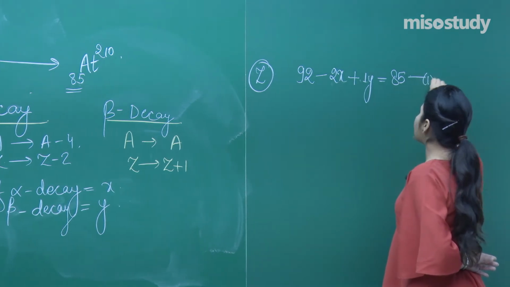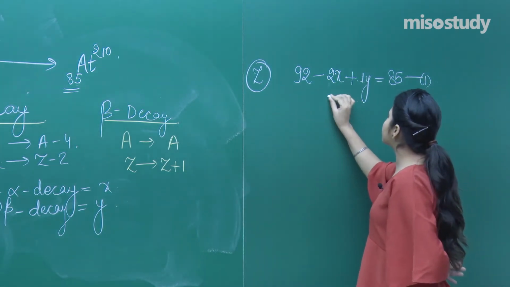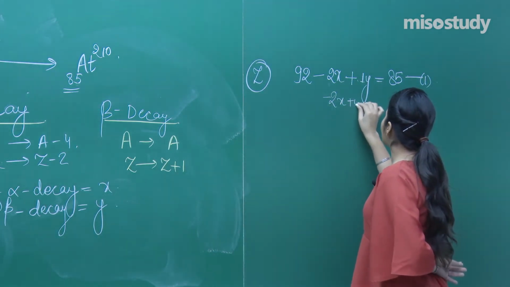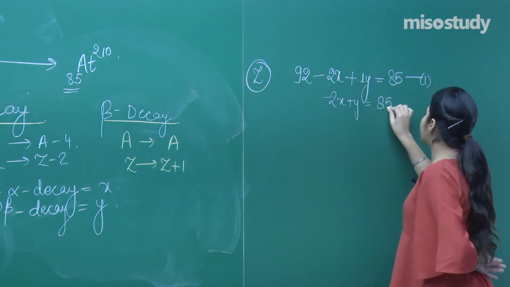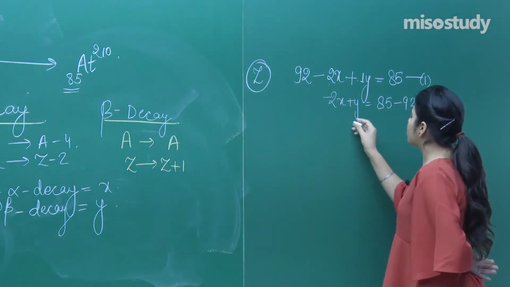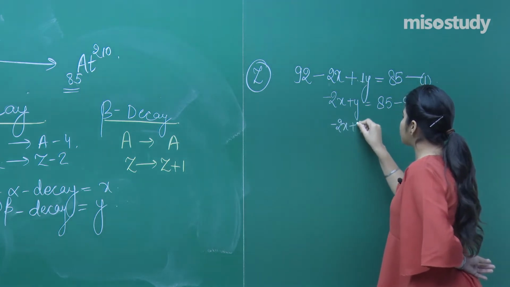This is your equation number 1, or you can further solve it as minus 2x plus y equals 85 minus 92.